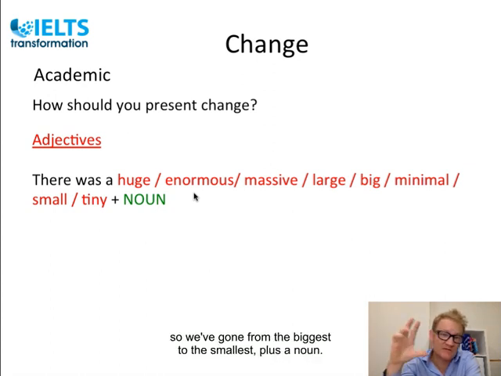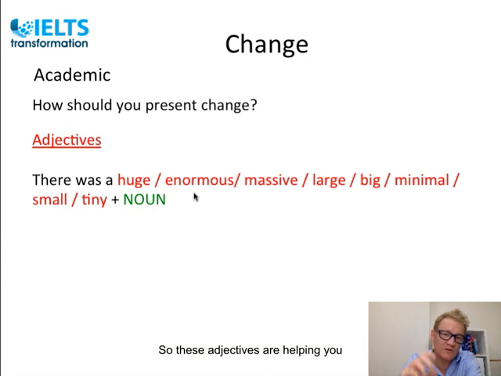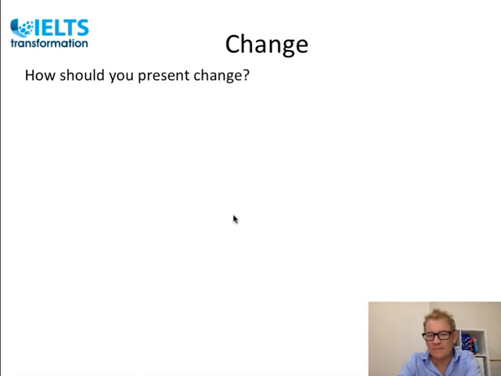So we've gone from the biggest to the smallest, plus a noun. These adjectives are helping you to describe what's changing. For example, there was a minimal increase in employment. There was a massive increase in employment.